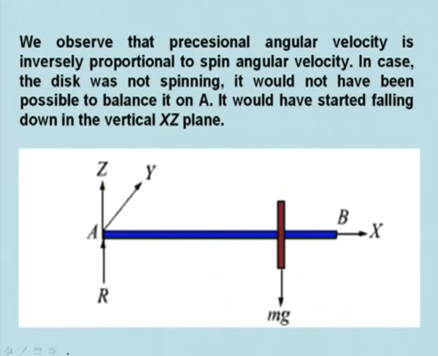So, we observe that precessional angular velocity is inversely proportional to spin angular velocity.